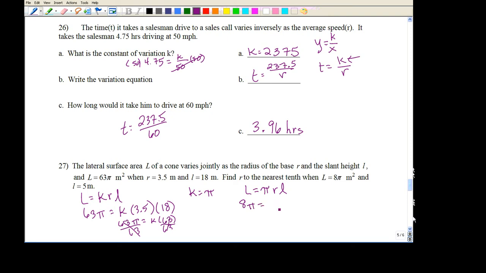So there's filling that in. We're looking for r, and our little l is 5. So then here, if we divide both sides by pi and by 5, then you get r equals 8 over 5, or you could say that's 1.6, and that'd be meters.